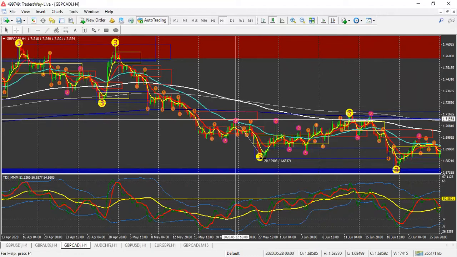290, right. However, you got a source down here. So say your target was this source down here. If you didn't take profit right here, this breaker would have got you out of there.